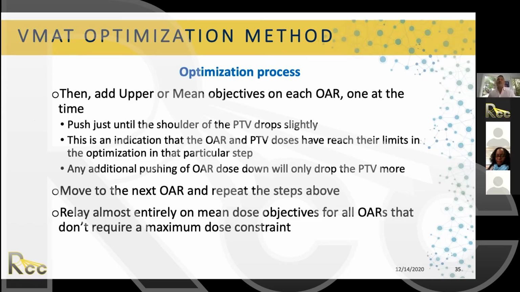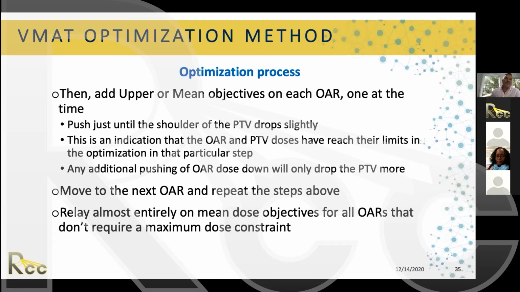That's very important, because if you start adding, let's say in this case, the parotids, the submandibular glands, the cord, the brainstem, all together, you know that the PTV coverage is gonna decrease and the shoulders are gonna be modified. So you don't know which structure is causing you the problem.